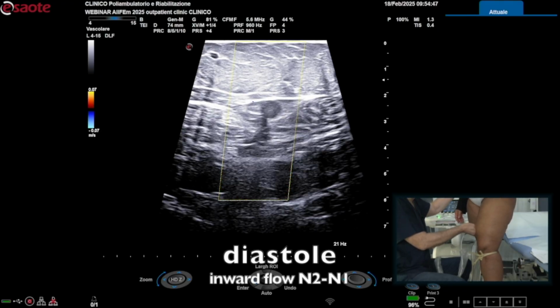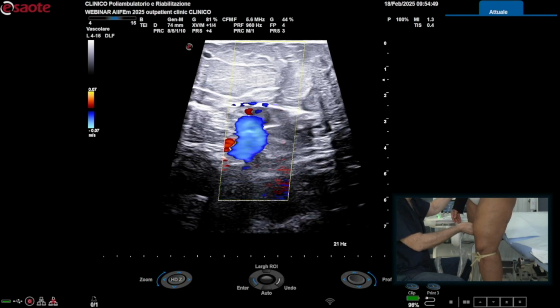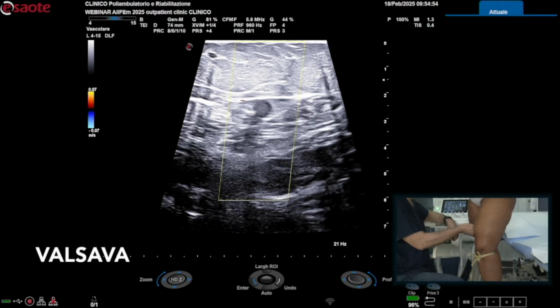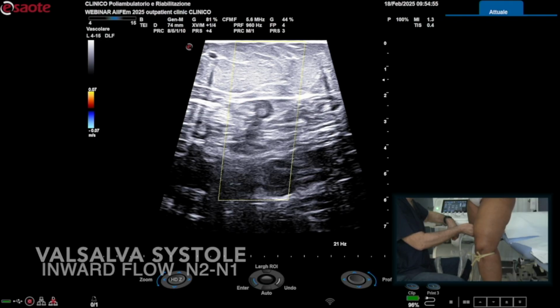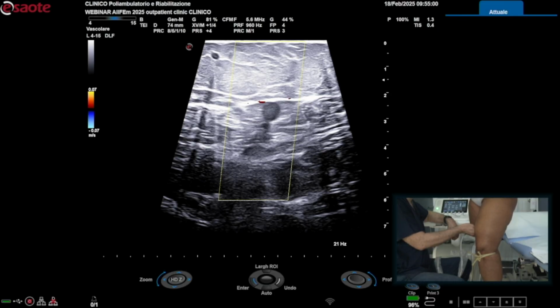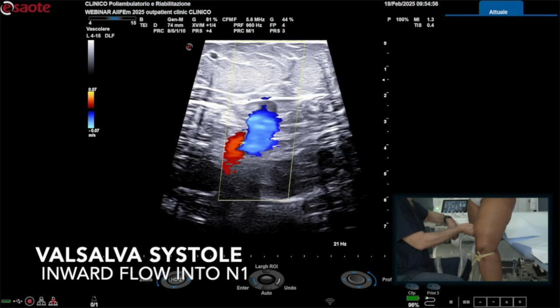The oscillation diastolic inward flow is clearly detectable, and so is the systolic Valsalva inward flow. This perforator is a perfect re-entry point.